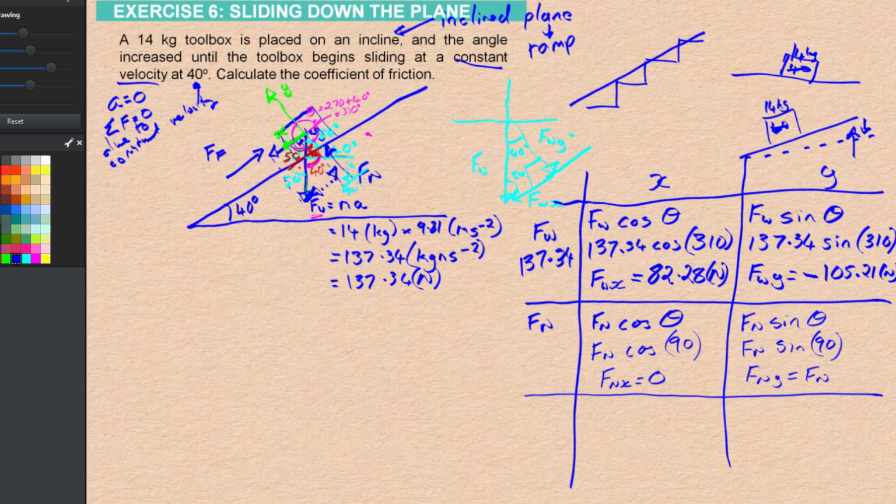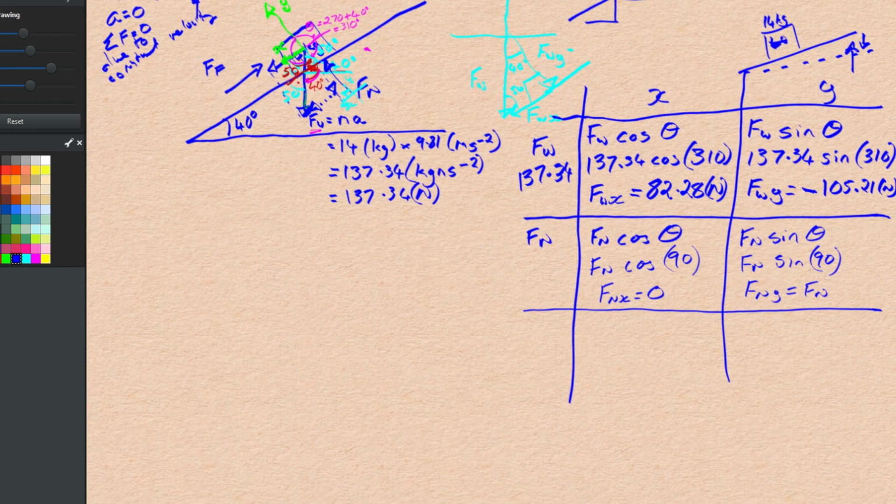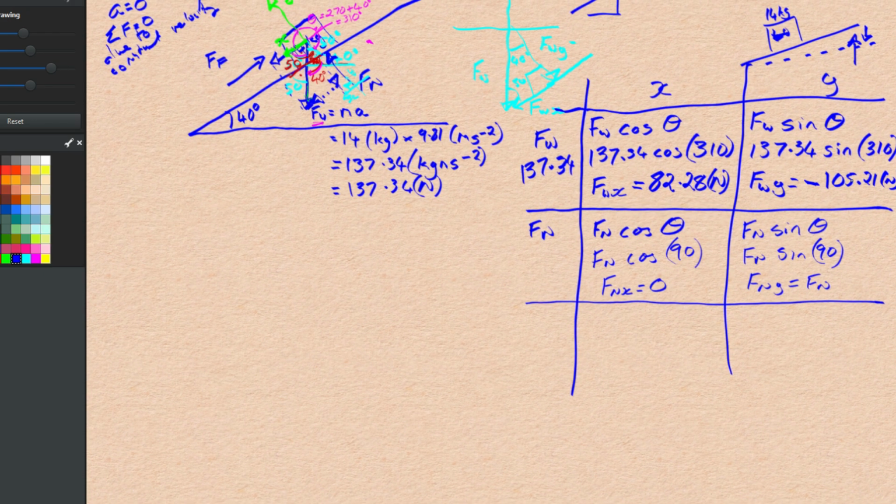Yeah, let's just move down slightly. What else have we got? We've done the weight force, we've done Fn, we're left with our friction force. Ff, our friction force, times cos of theta, friction force times sine of theta.